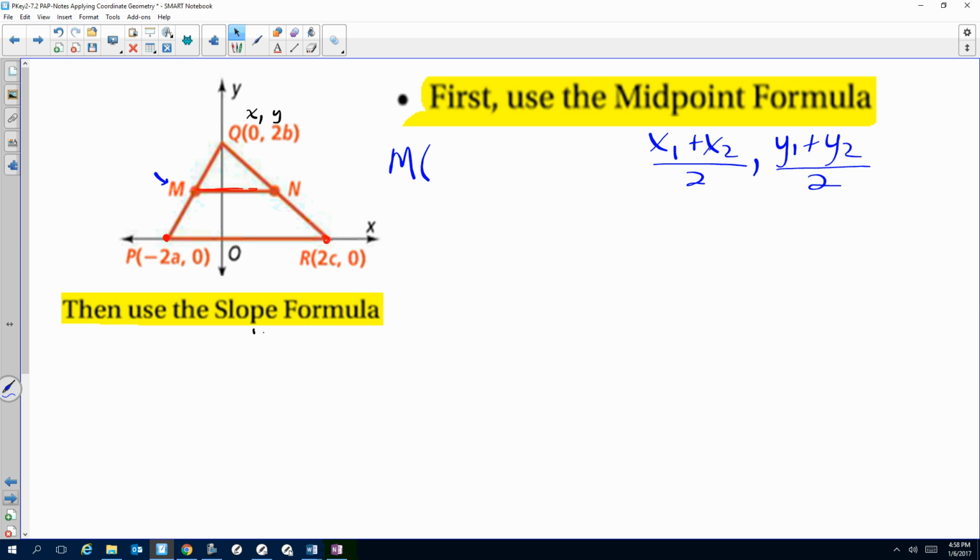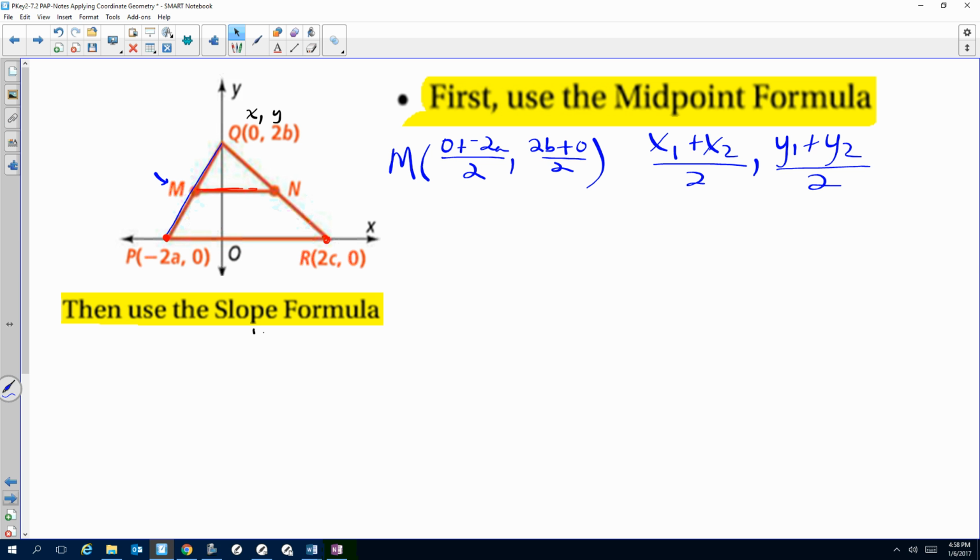So I'm just going to add my x's. To find the coordinate of M, I'm using side PQ, so I need to use Q and P, which is 0 plus negative 2a divided by 2, and then we have 2b plus 0 divided by 2.